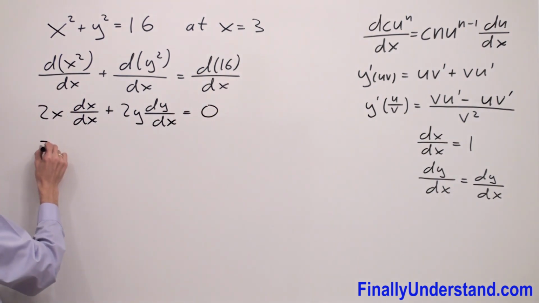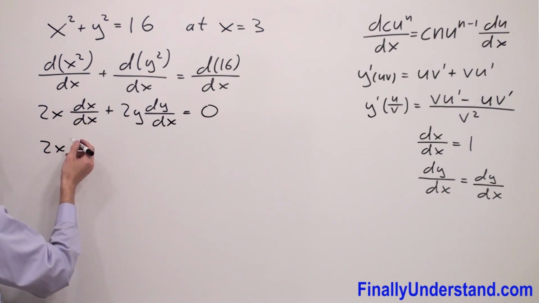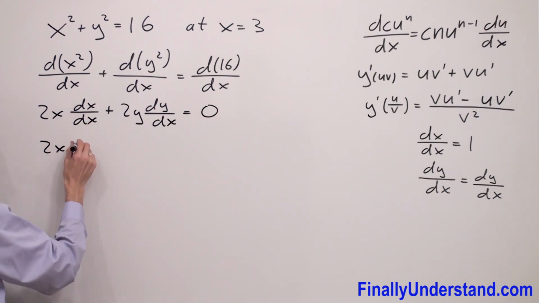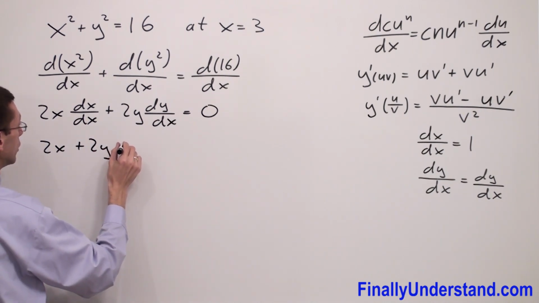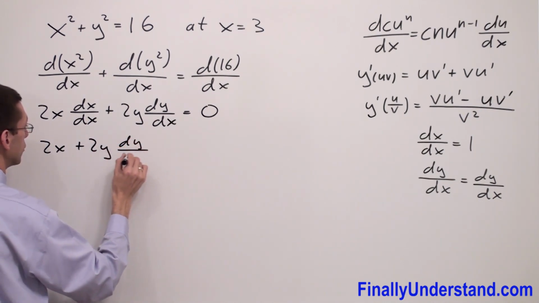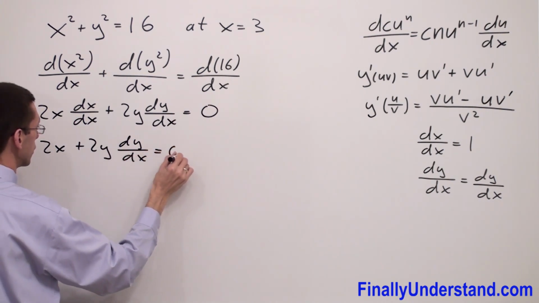Next, we have 2x, and dx over dx is equal to 1, I don't write it, plus 2y dy over dx is equal to 0.